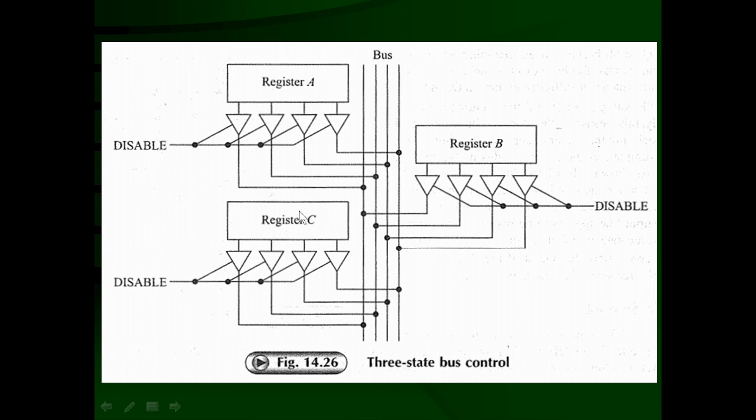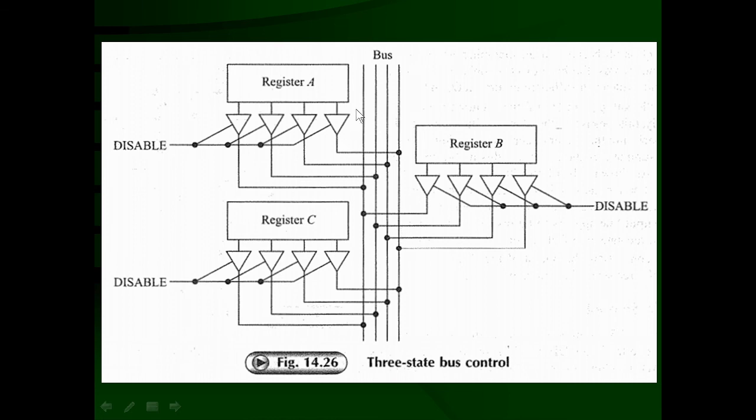That way, only one register's content at a time will be there. If you want to put the content of register C on the transmission line, what do you have to do? Disable of register C should be low, and disable of registers A and B should be high. So these contents are disconnected from the transmission line. Only the content of C will be on the transmission line.